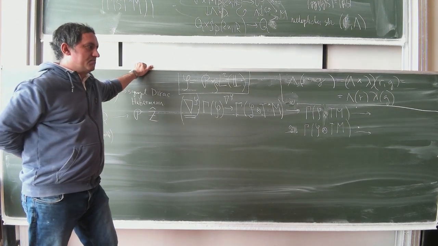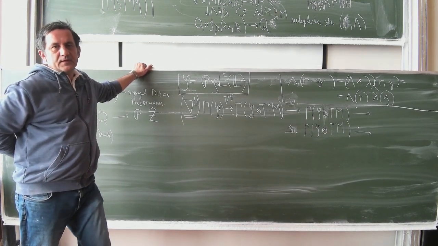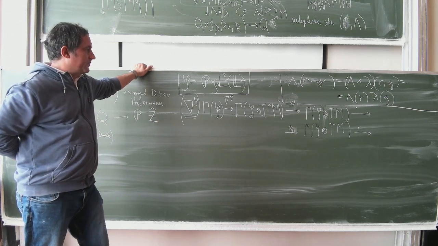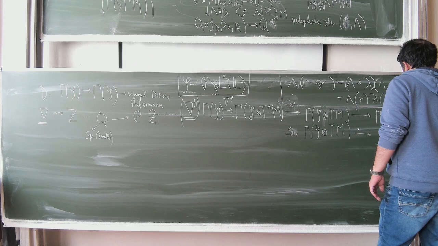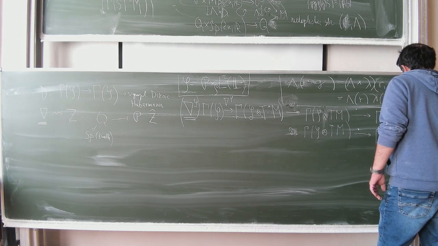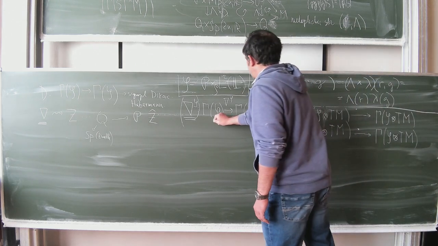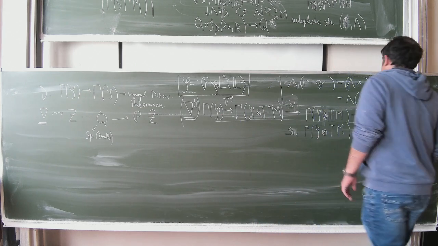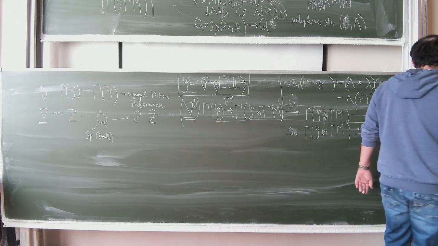And we can do it in two ways, with two identifications, either with g0 or with omega0. Composing these operators, one gets the first symplectic Dirac, and here one gets the second symplectic Dirac of Habermas.